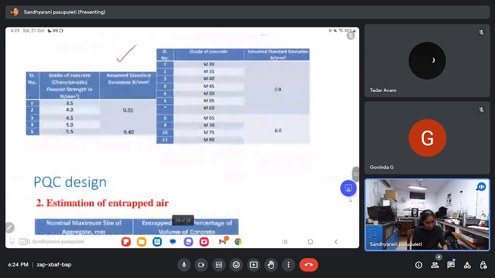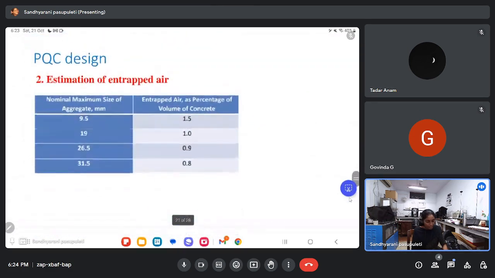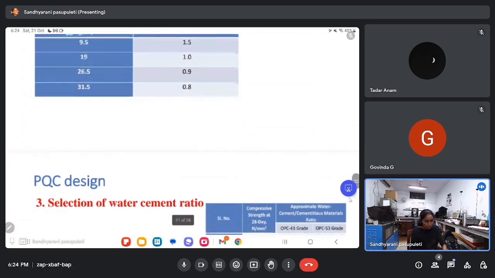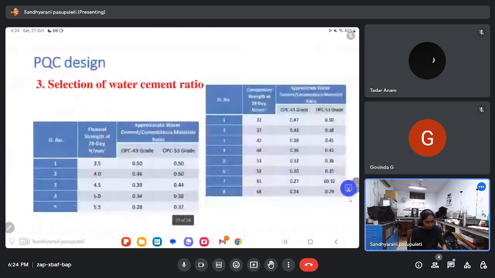So once the target strength is finalized, we calculate the amount of entrapped air based upon the nominal maximum aggregate size. We calculate this entrapped air so that in the total volume, we reduce this entrapped air so that we know the solid volume.